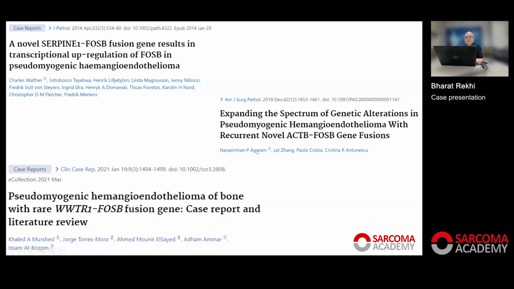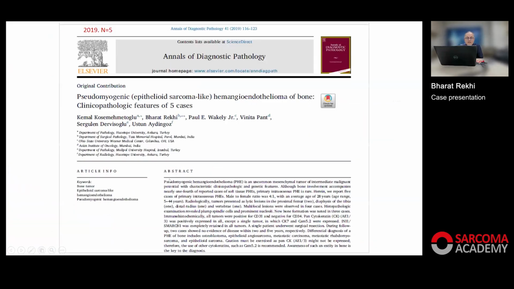And then the molecular spectrum expanded with another study by the Sloan group, from Dr. Narasimhagram, who demonstrated another ACTB-FOSB fusion, which is a kind of promoter swapping, underlying some of these tumors, which perhaps are more solitary than multifocal. And then there's been another description of the WWTR1-FOSB fusion gene. So these lead to the overexpression of FOSB as the marker that evolved.